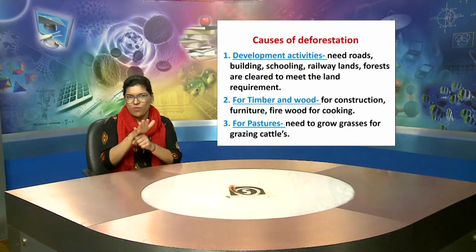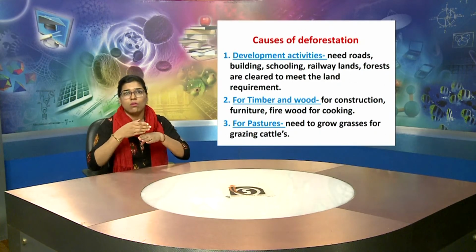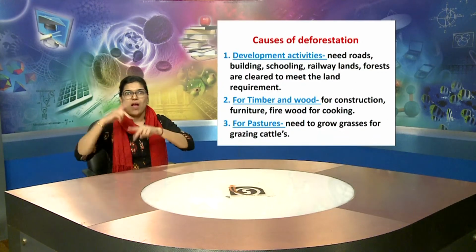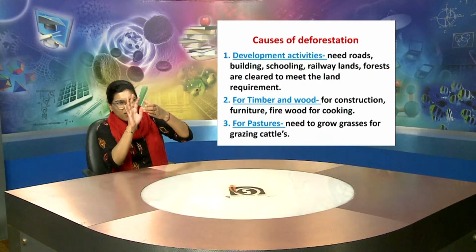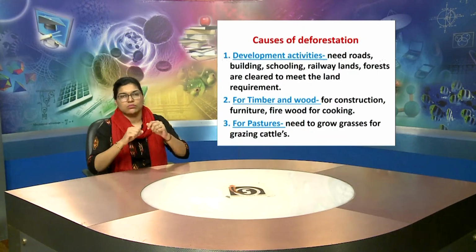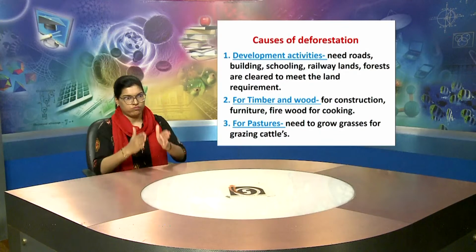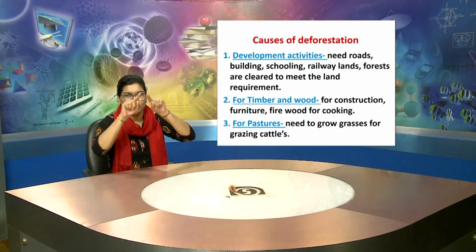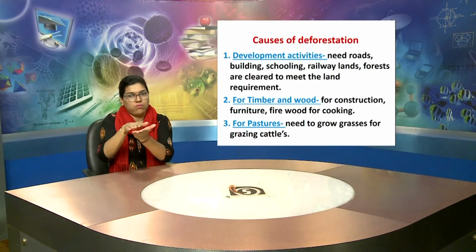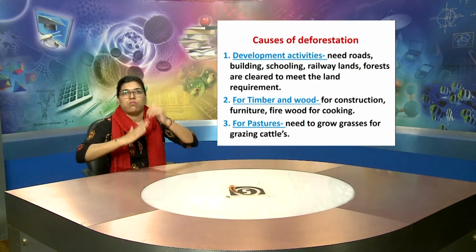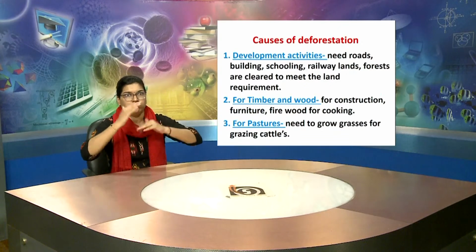The second cause of deforestation is the need for timber and wood. Human society needs wood material for making different furniture, for construction work, and also for firewood for cooking.